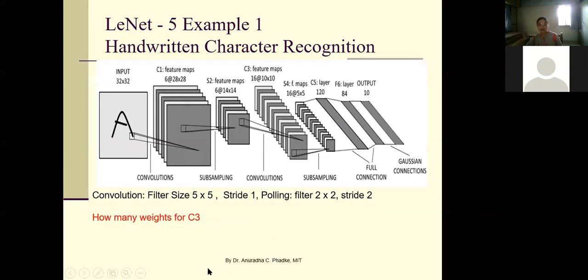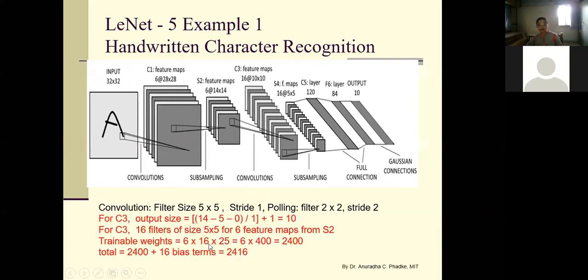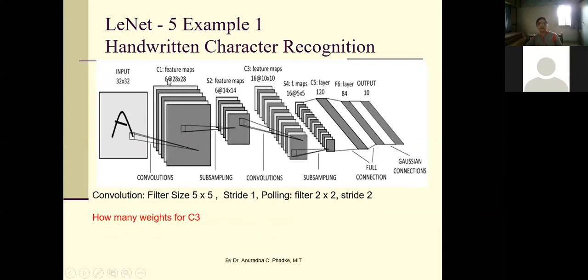Okay. So as we studied, for the very first layer, there were 5 by 5 filters and the total number of filters was 6. So 25 into 6 plus 6 bias terms was the number of trainable weights for C1.